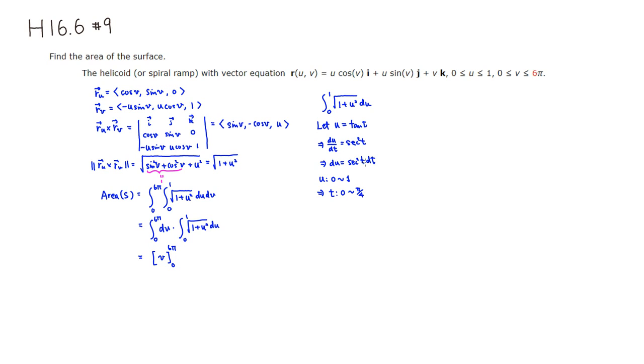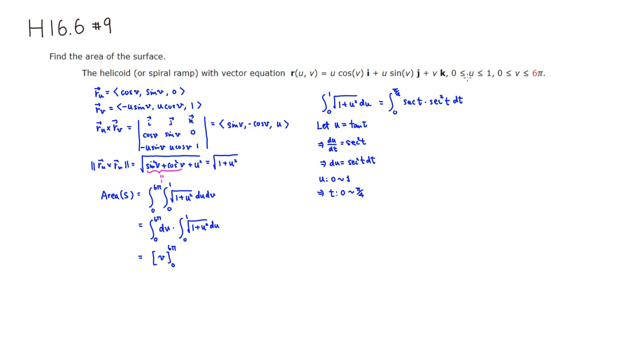So let's rewrite this as an integral from 0 to pi over 4. Then you have the square root of 1 plus tangent squared. 1 plus tangent squared is secant squared, and with the square root you just get secant of t. But du is secant squared t dt, so it's going to be secant cubed t dt.